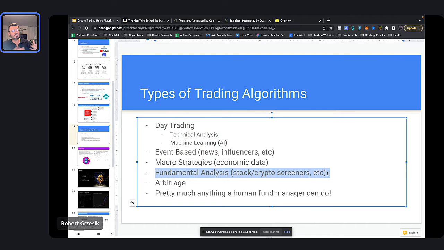You can do very similar things for crypto as well, right? There are things that you can actually do for specific crypto coins. You can see how many people own each coin, right? If it's a pump and dump scheme, if there's one person that owns a really large amount of the coin, you could actually analyze that pretty easily, right?